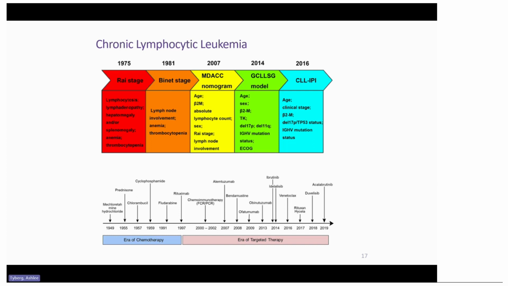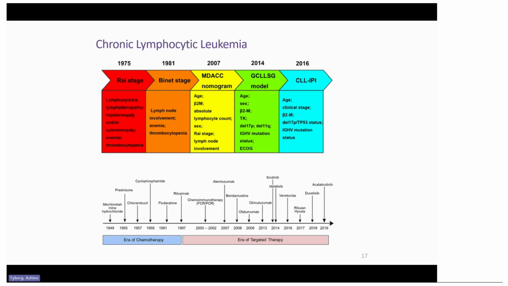Now, in CLL, we used to use chemotherapy, just like I mentioned in the old days. We used chlorambucil, all these old drugs that we don't use too much anymore. Then immunotherapies were discovered, so Rituxan can be very effective, or nowadays we frequently won't use Rituxan so much because we use obinutuzumab for CLL, which is much more potent. Then we used combinations of newer chemotherapy drugs like FCR, which is fludarabine, cyclophosphamide, Rituxan.